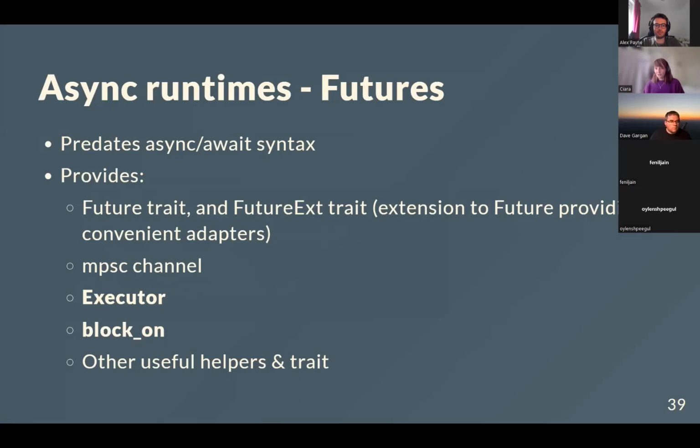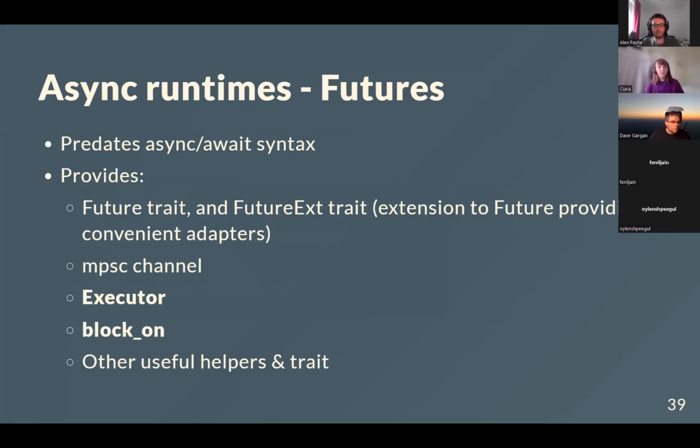I mentioned the futures crate just then in the context of async-std using it. What's cool about the futures crate is it predates the async await syntax. It worked in isolation, providing a lot of these things, but without the language support that really brings the async programming kind of into its own and makes it much easier to use. But it still provides really useful things.